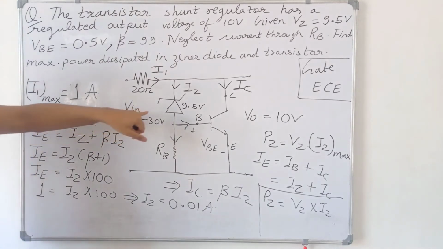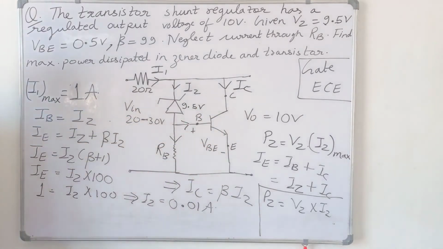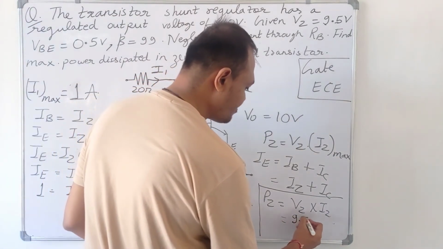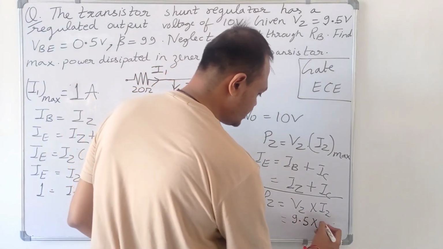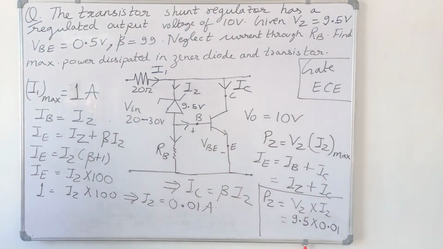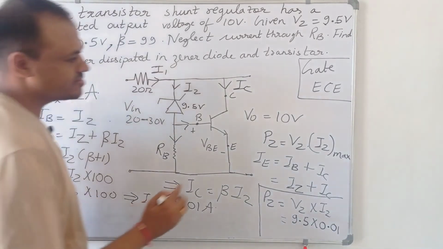Do not worry whether the Zener diode is in breakdown or not, because in such circuits the Zener diode will always be in breakdown. So this will be equal to 9.5 into 0.01. The power dissipated by Zener diode will be equal to 95 milliwatt.